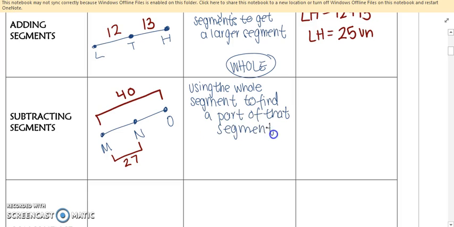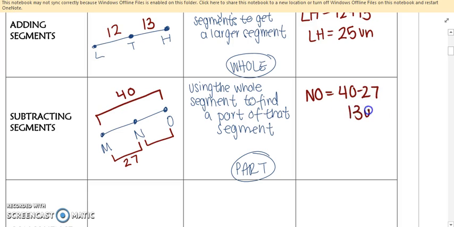So this is the part where we are finding the part of a segment. So that is to find maybe the measure of NO, because that's the measure that we're missing. To find that measure, we're taking our whole minus our part. So 40 minus 27 to get 13 units. That's the measure of NO.